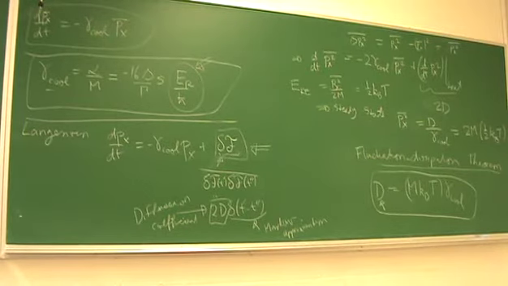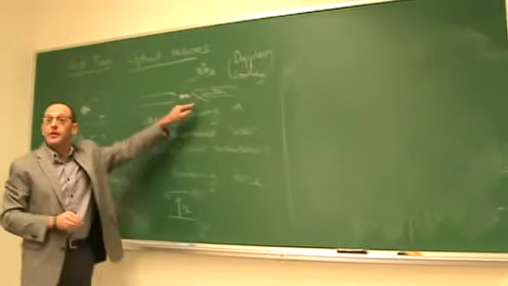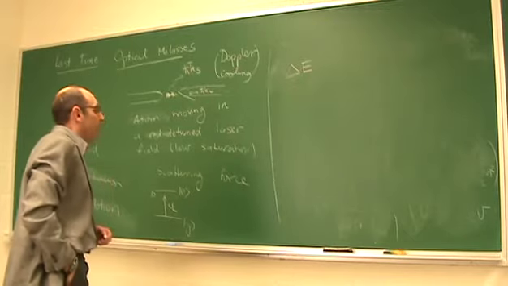So, to do that, what we did is we said, well, if I look at a scattering process of this sort, it's the randomness associated with this scattering process that gives rise to the diffusion. Consider the change in the energy of the atom under a photon scattering.